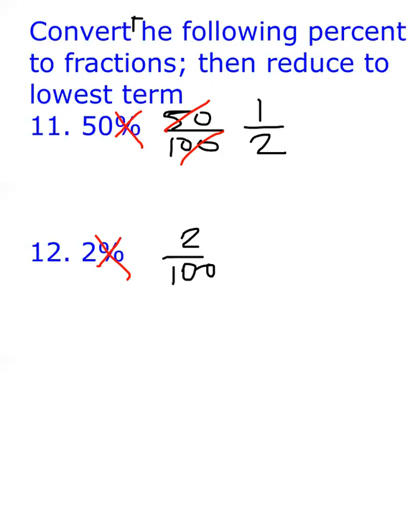And we can go ahead and reduce this fraction by dividing by 2 on both the numerator and the denominator. And we get 1/50. Okay, 1/50. So let's move on to the next section.